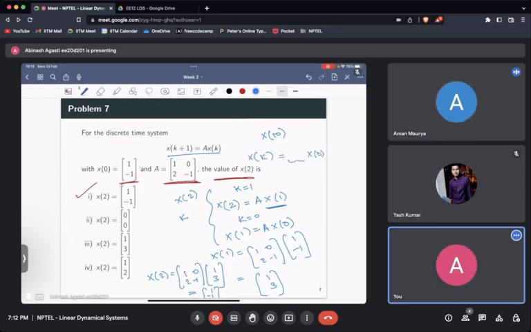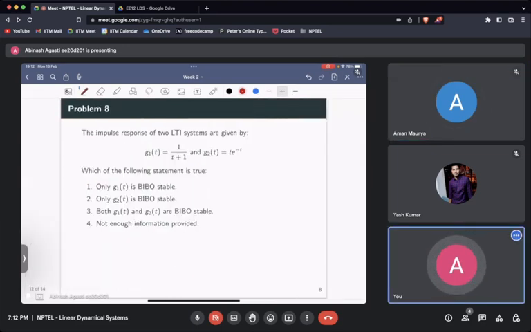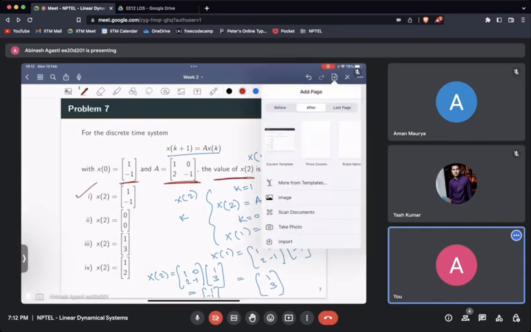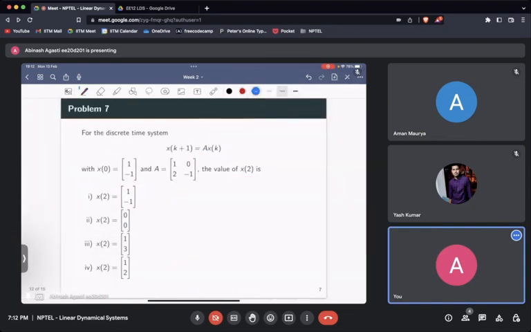Okay, let us think of it this way. I have x of k plus 1 equal to A x of k, right? Then that means x of 1 is equal to A x of 0. So let's put it this way: x1 equal to A x naught, but x2 is equal to A x1. But what was x1?